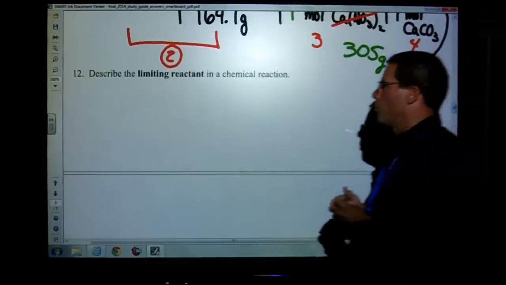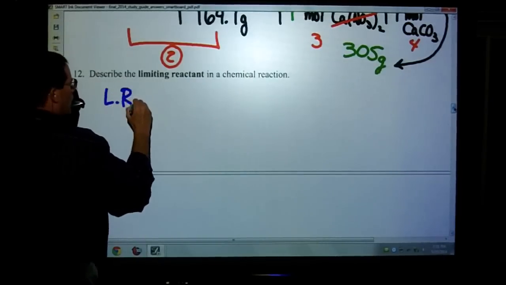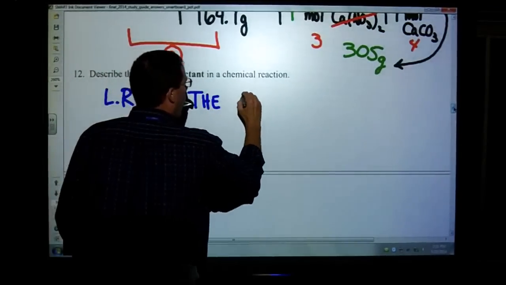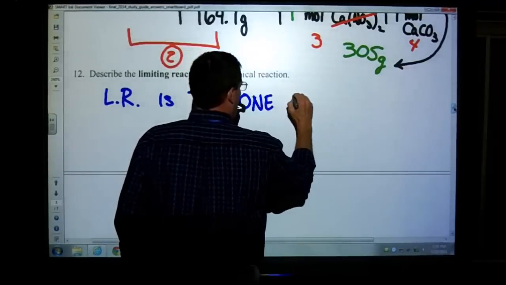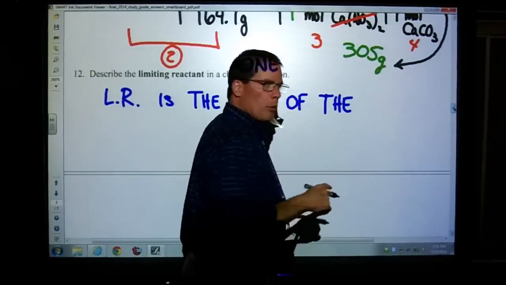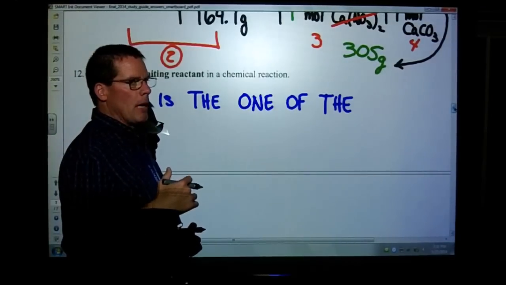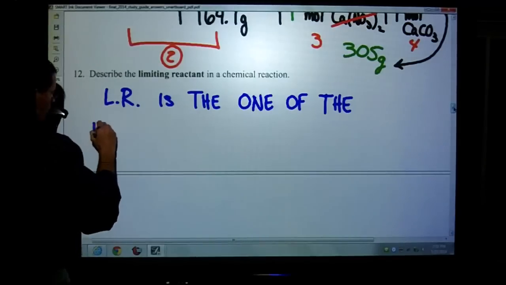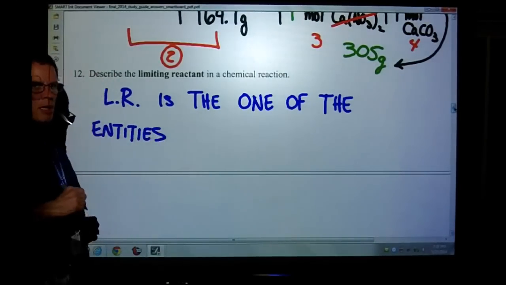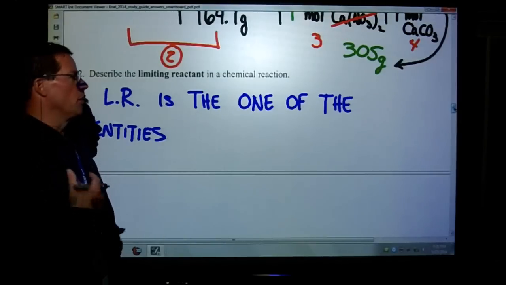So I guess what we could put on here, LR is one of the, and I'm going to say one of the entities. In other words, could be an atom, could be a molecule, could be an ion, it could be something.